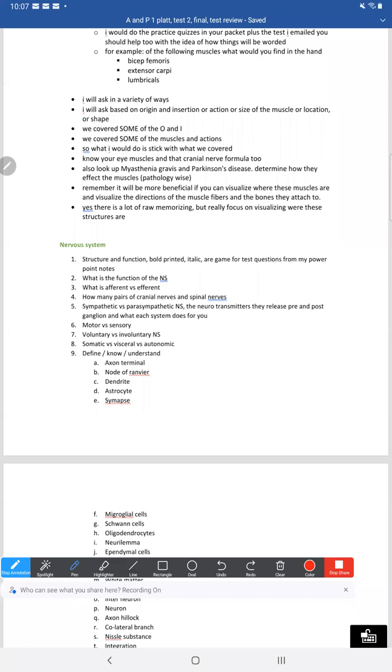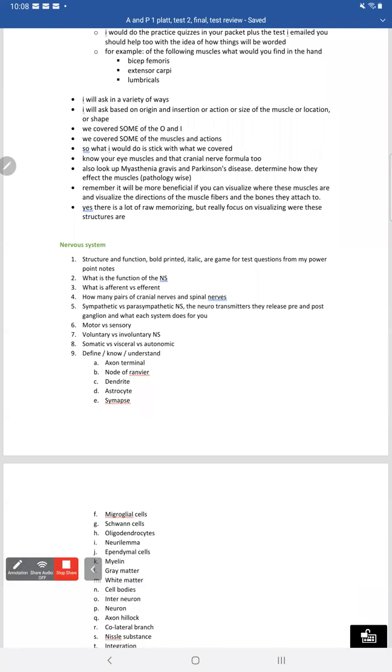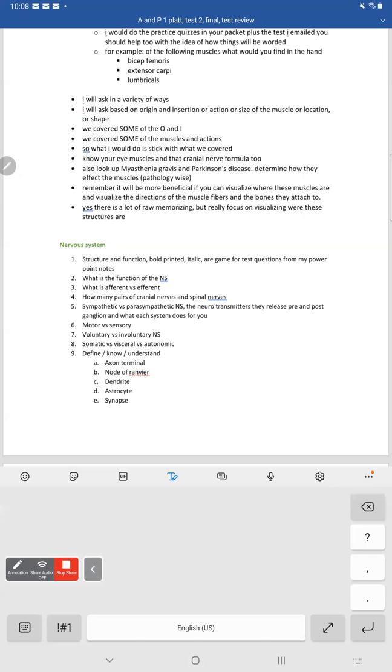Okay, so this is anatomy, right? An axon terminal. The node of Ranvier, a dendrite, astrocyte, a synapse. Okay, so just define them on your note card.